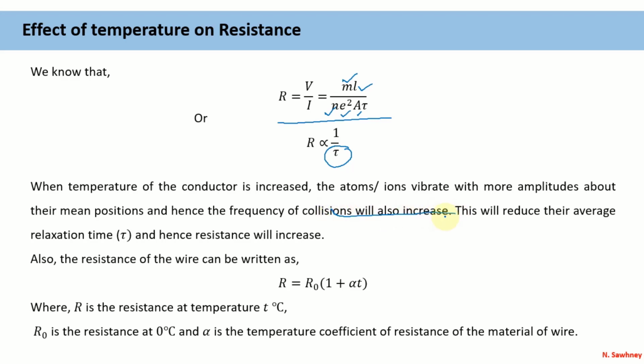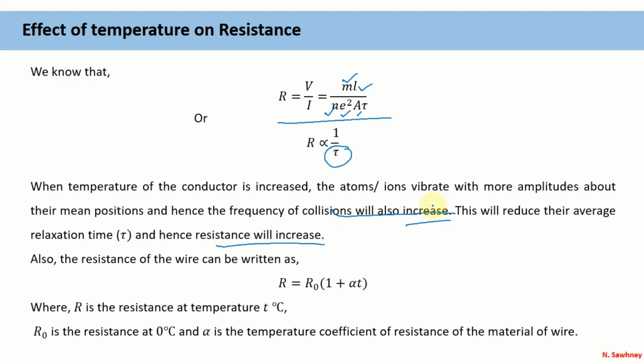And if the frequency of collision increases, definitely they will reduce their average relaxation time, because what is average relaxation time? It is the time between successive collisions. If the average relaxation time decreases, definitely resistance will increase, as it is inversely proportional to it.